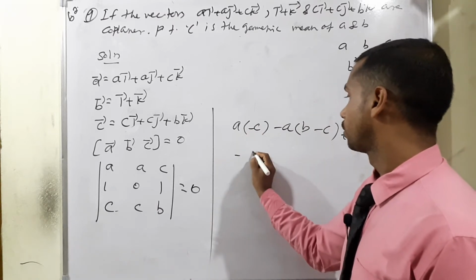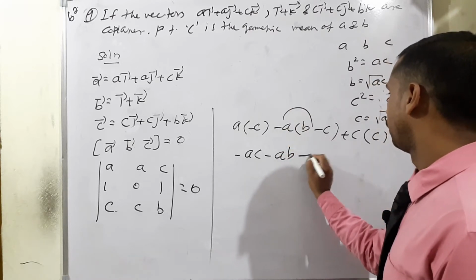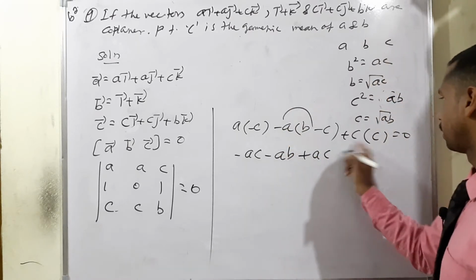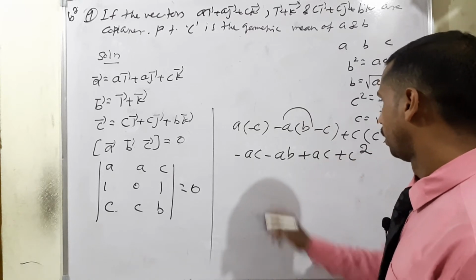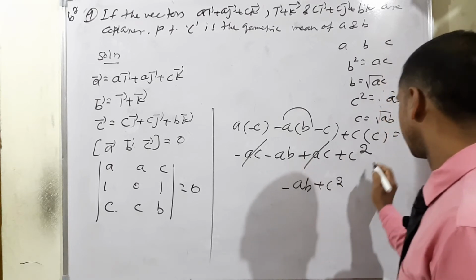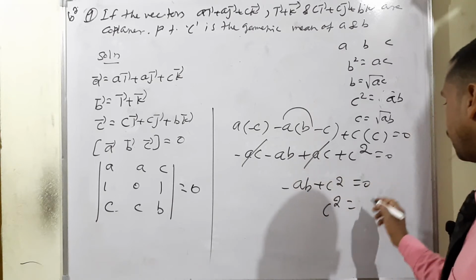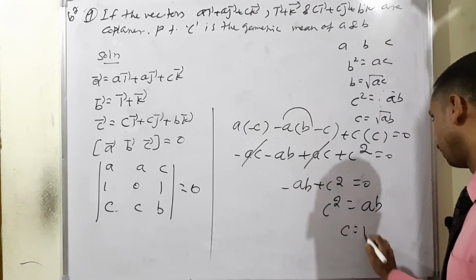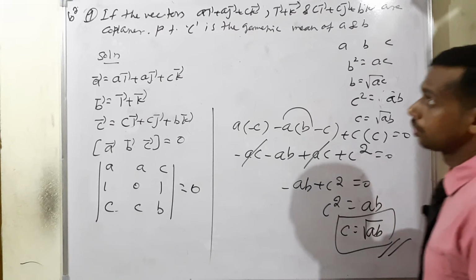Again minus A into C means minus AC, minus A into B means minus AB. Again minus into minus gives plus AC, and C into C means C square. Now look there: minus AC plus AC cancel. Therefore minus AB plus C square is equal to 0. Again C square is equal to AB, bringing it to the other side. Therefore C is equal to the square root of AB. This is the answer for question number 9.